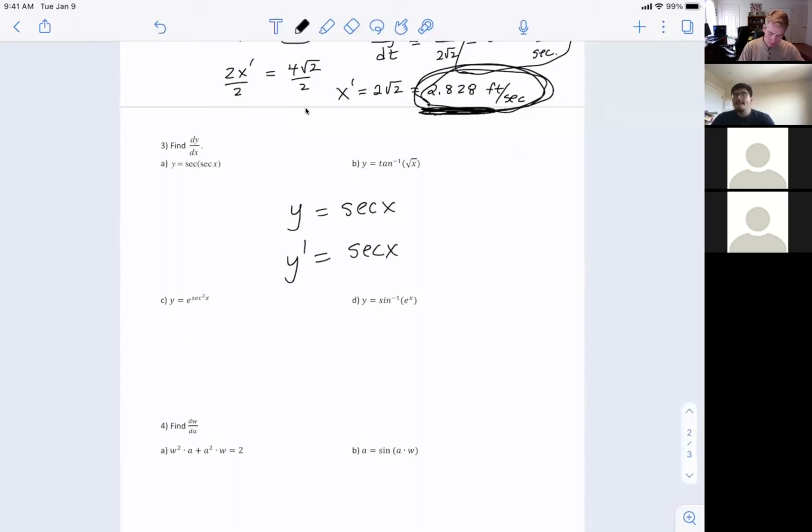That's true. So an important thing is, whatever this is x, it has to be the same right here and right here. So now I'm ready to do part A.